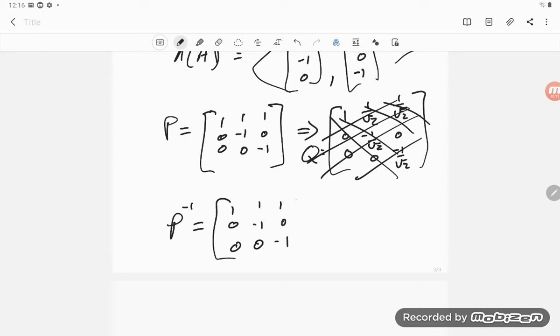What happens if I take P inverse times P? I get a 1 for the first entry. Then if I do 1, 1, 1 times this column, I get 0, and 1, 1, 1 times this column, I get 0, so that's fine.